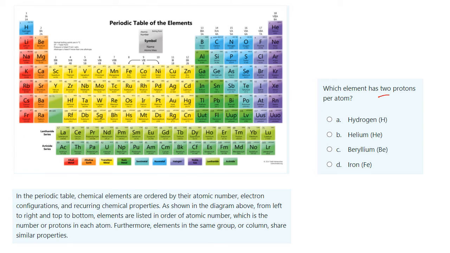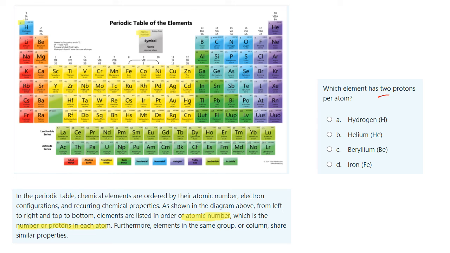Which element has 2 protons per atom? Well, we are told that the number of protons equals the atomic number. If we look at the question again, the atomic number, which is the number of protons in each atom. The atomic number is shown in the top left corner.